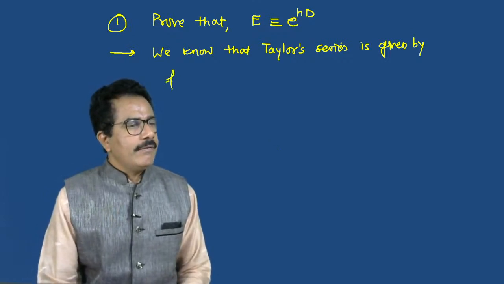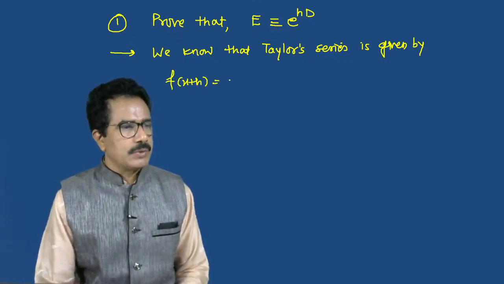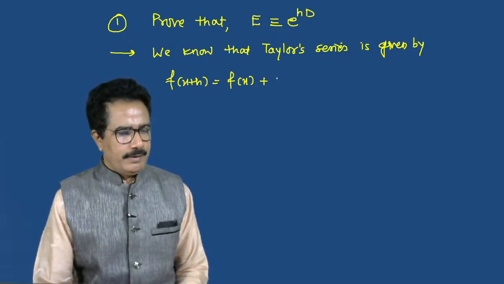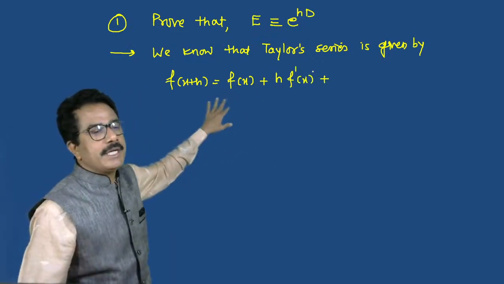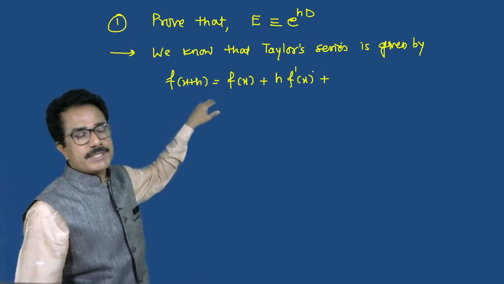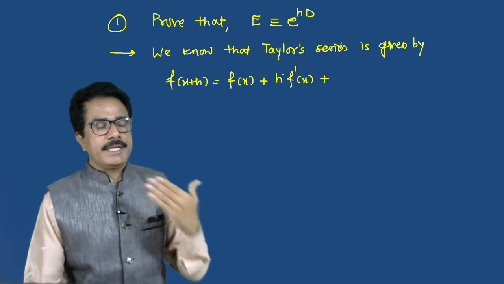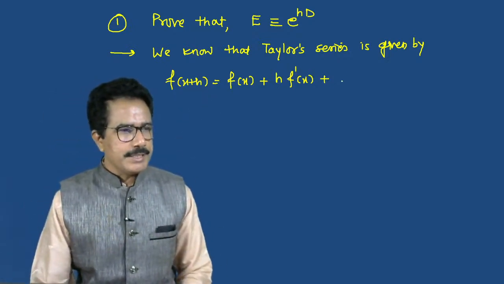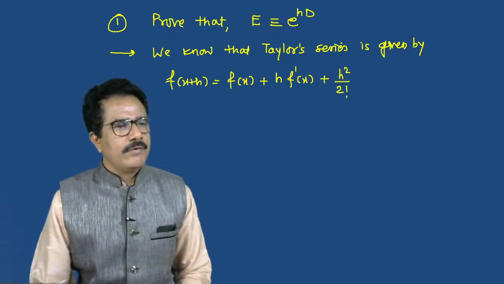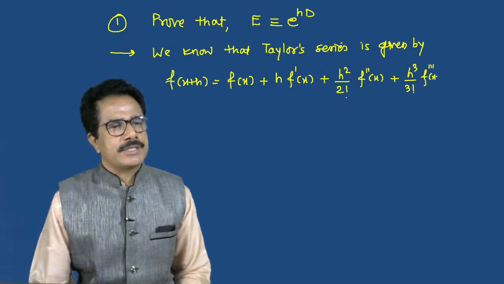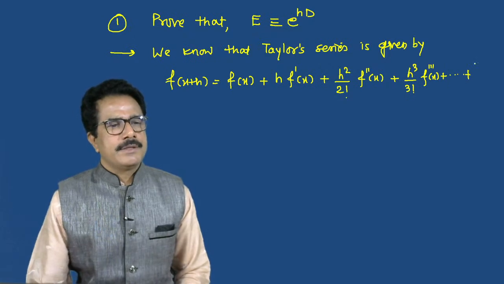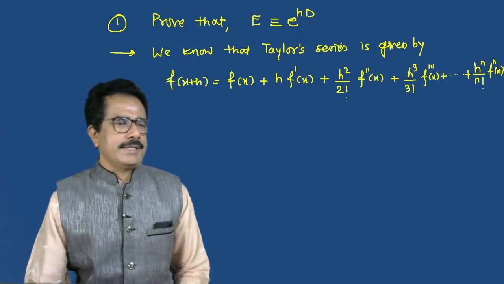We can write f of x plus h, which is equals to f of x plus h into f dash of x plus h square divided by 2 factorial f double dash of x plus h cube upon 3 factorial f triple dash of x plus dot dot dot plus h raised to n divided by n factorial, that is fn of x.